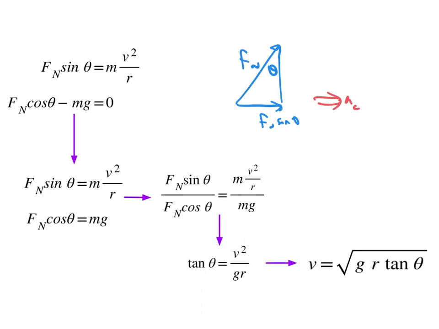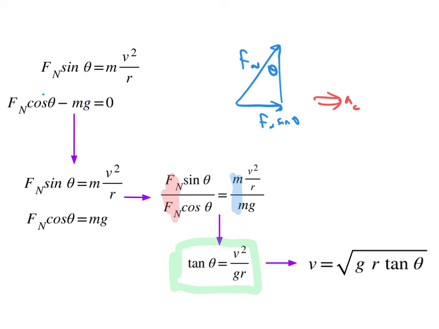Whereas Fn cos theta has to balance gravity. We can combine those, and then we can do a cute trick by isolating the Fn stuff. If we divide this equation by this equation, of course Fn over Fn will cancel out, and m over m will cancel out. And we're left with tangent theta equals v squared over gr.